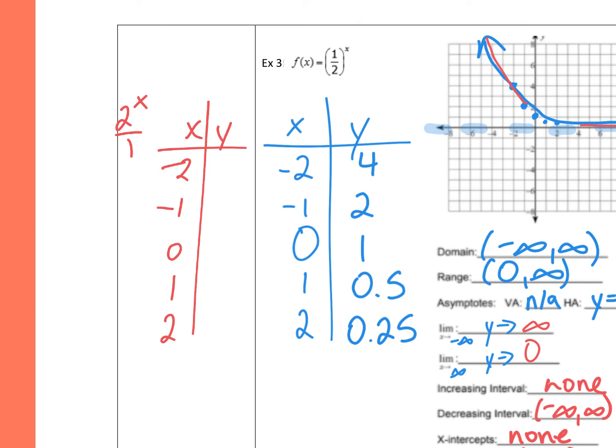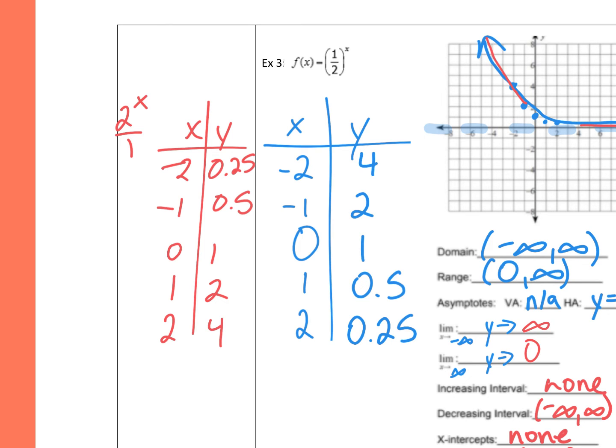Go ahead and plug in -2 for me. What is 2 to the -2? 0.25. What's 2 to the -1? To the 0? To the 1? 2, and then to the 2. What do you notice about those numbers? It's flipped, right? Which makes sense because it's a reciprocal, right?